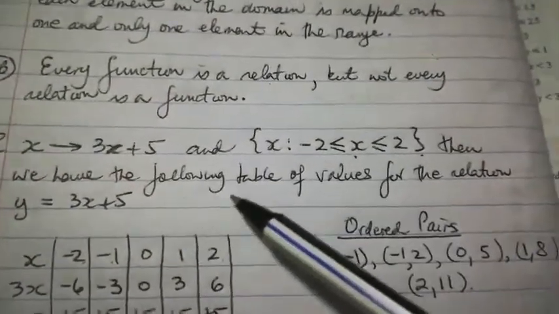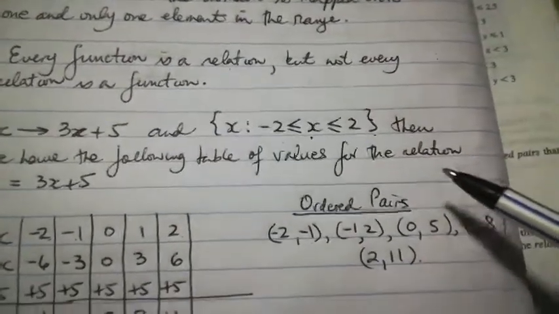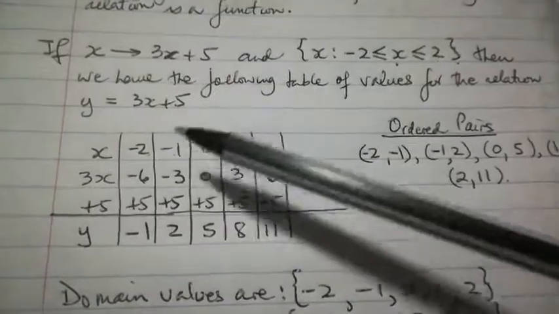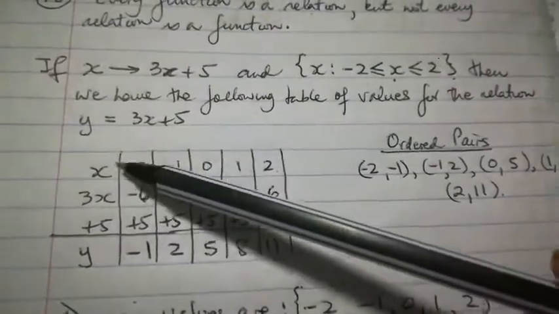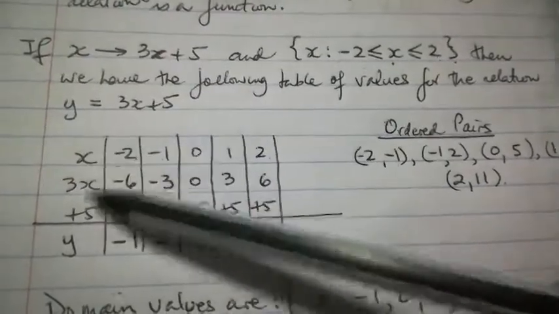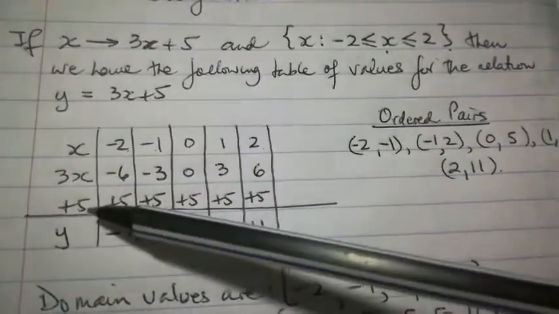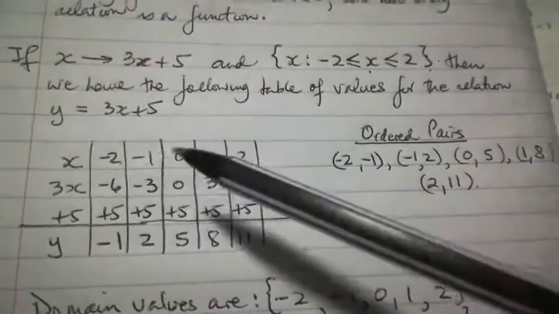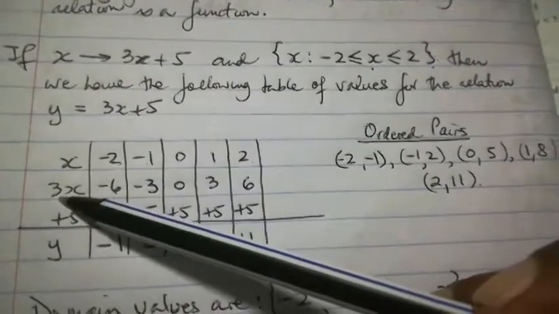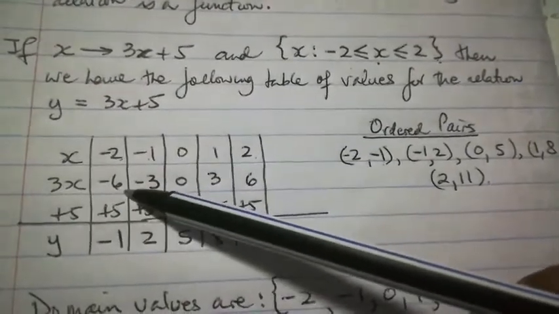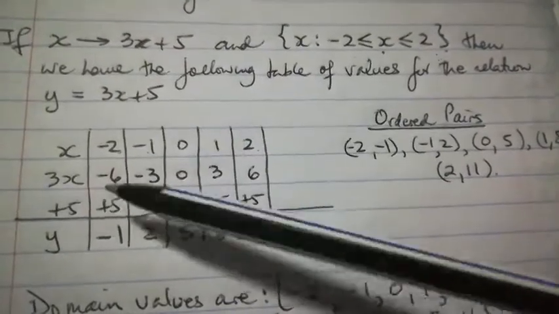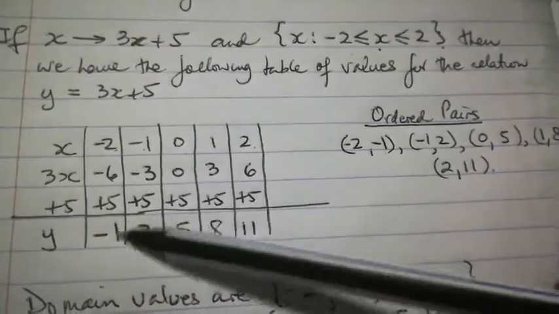Then we have the following table of values for the relation y = 3x + 5. We draw the table to reflect x and y as well as 3x and 5. When x is -2, 3 times -2 becomes -6, and when you add the 5 to -6, y becomes -1.